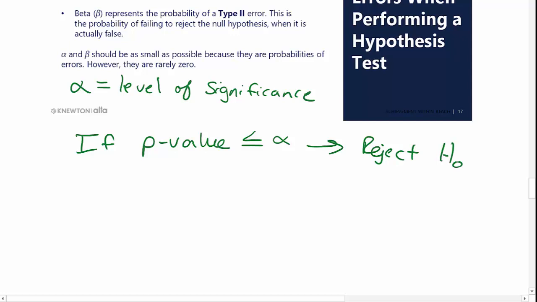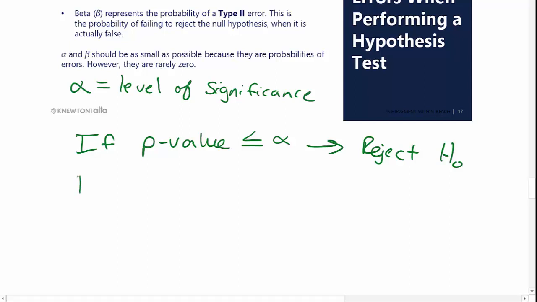What does that mean? If you want to make an analogy with the courtroom, let's say H null is a person's innocence. In order for you to reject a person's innocence, you have to have a ton of evidence, so that your evidence is so tight there's no reasonable doubt. It has to be less than an error. So if your p-value is less than your error, then you can reject H null.